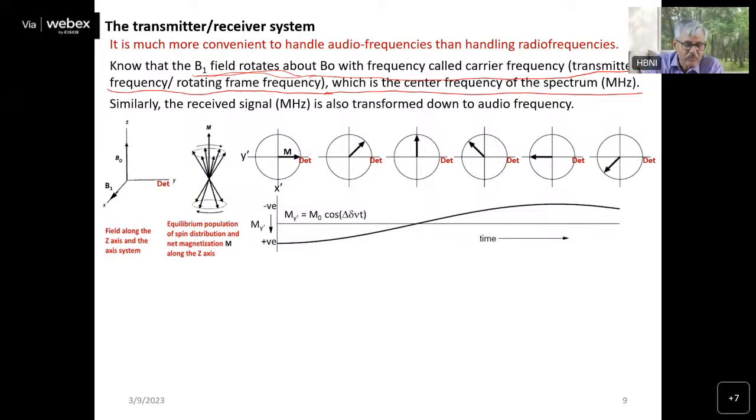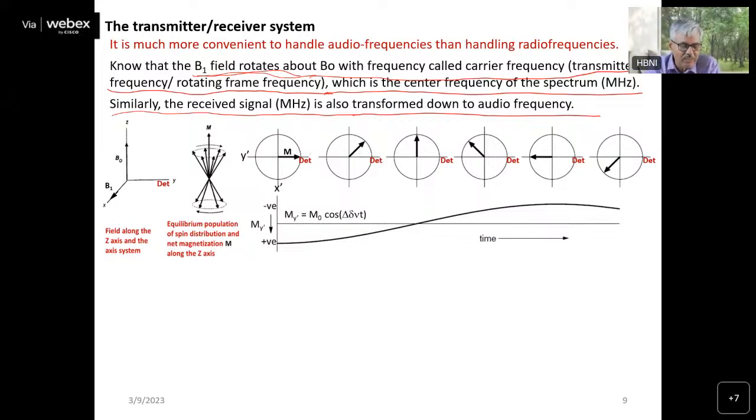Similarly, the received signal actually comes in megahertz, but it is also transformed down to audio frequency, so that further processing and handling will be much easier. We will see how it is done in the next few slides. So let us see how it detects.